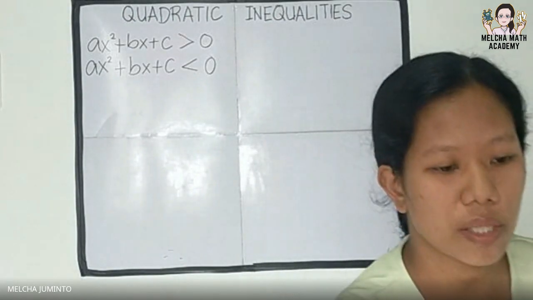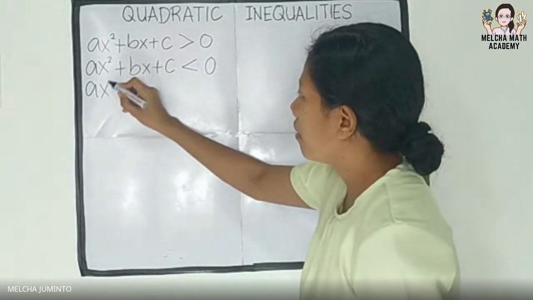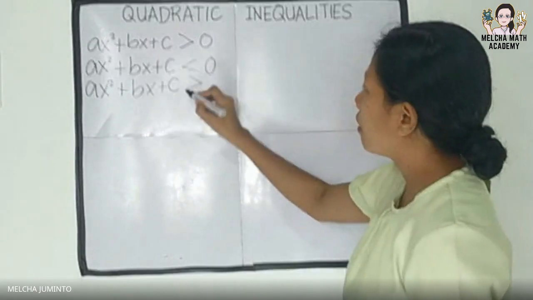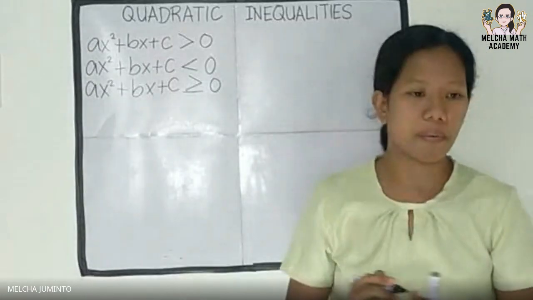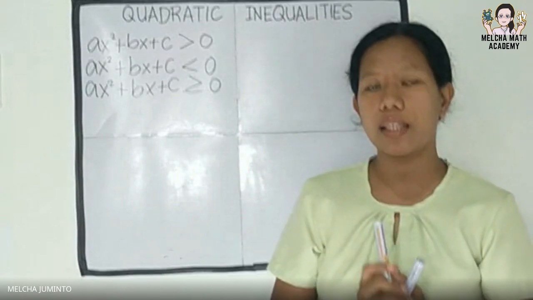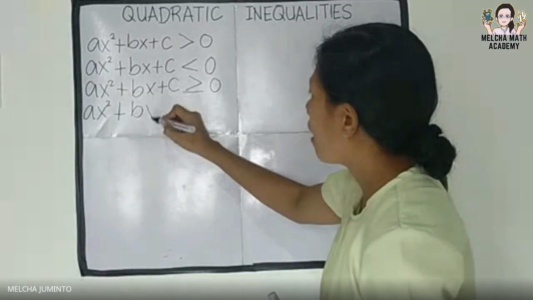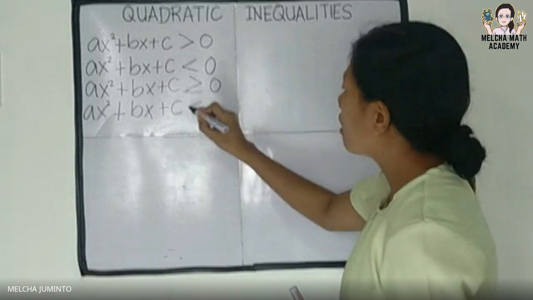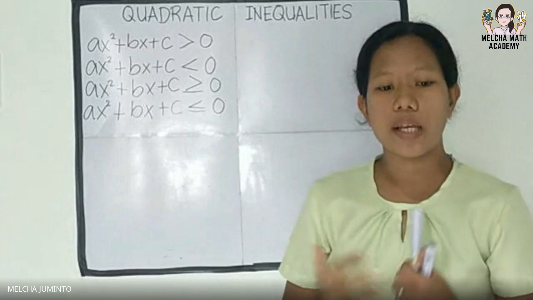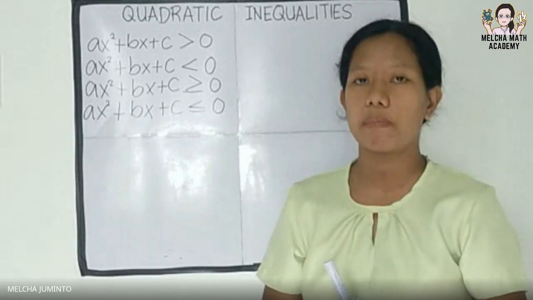Next, the third is ax squared plus bx plus c is greater than or equal to 0. And finally, the fourth and last form is ax squared plus bx plus c is less than or equal to 0.